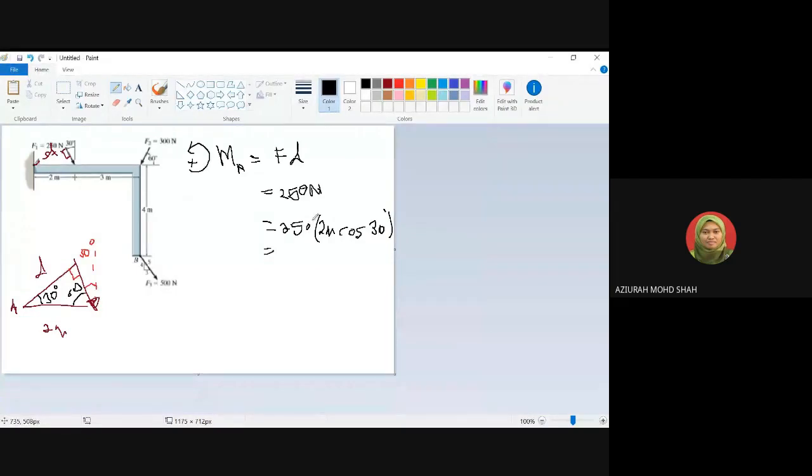What do you get for the value? 400? Really? 433.